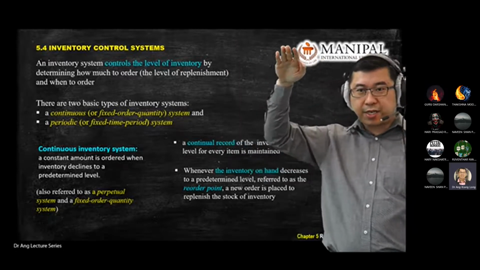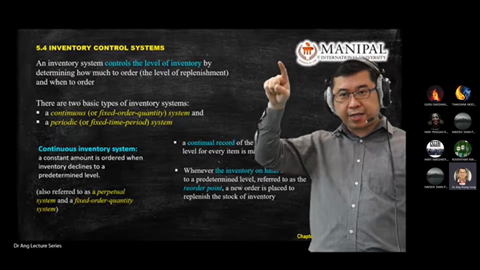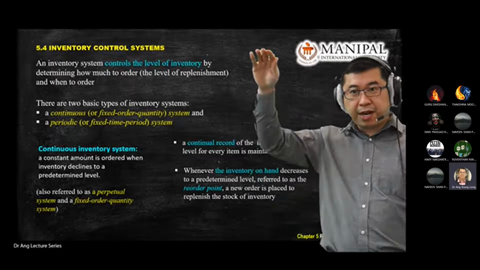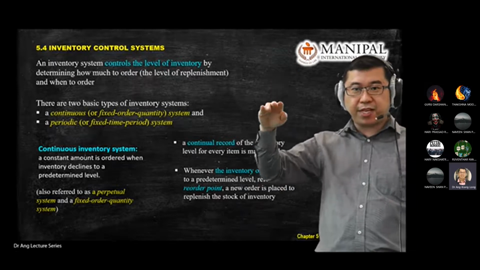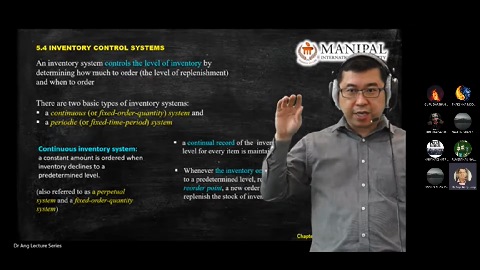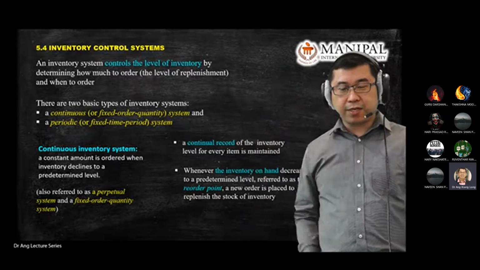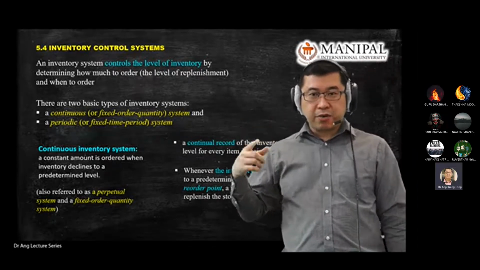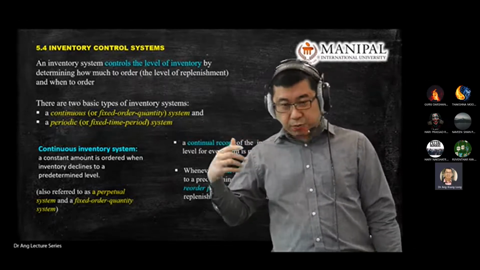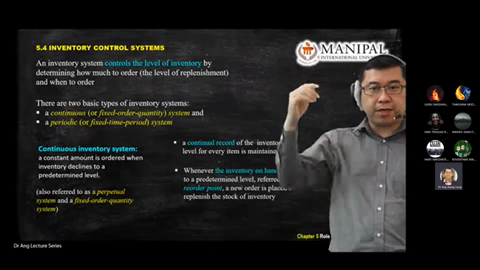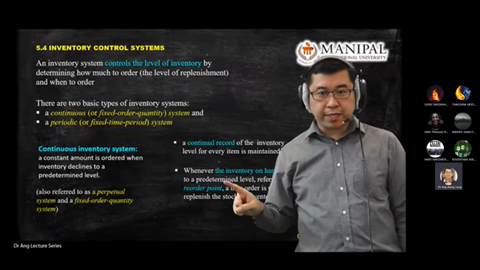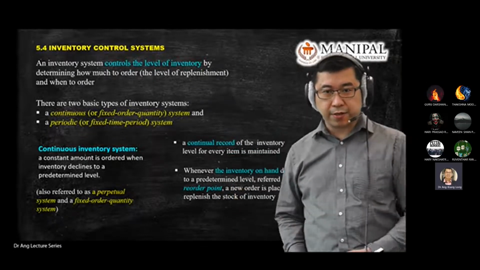So from 100, you sell until maybe 50. You set 50 as your reorder point. Every time the system detects 50 units in your inventory, it will trigger the order procedure. It means you will issue a PO and replenish, or you will reorder to top up the inventory. Okay, so this is reorder point. Later you will see this word in calculation.